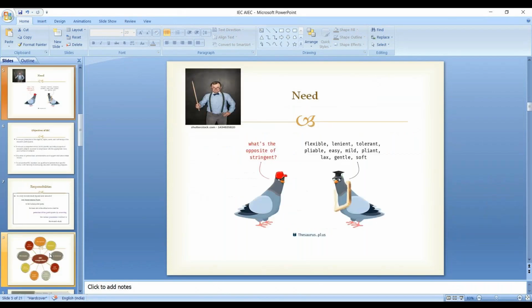So let's see this slide. Now you can see that a teacher, is it visible? Yes ma'am. A teacher who is very stringent and strict.